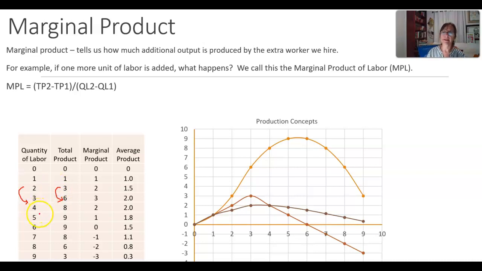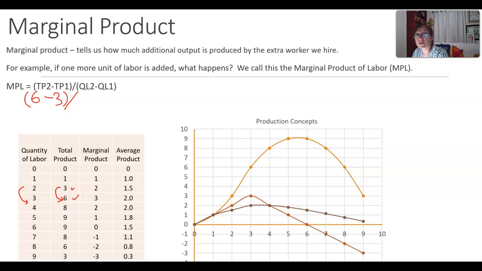So why is this happening? Again, they're working together better, and they have like a little production line going. So our TP2 now is going to be 6 minus 3 divided by the change in labor.